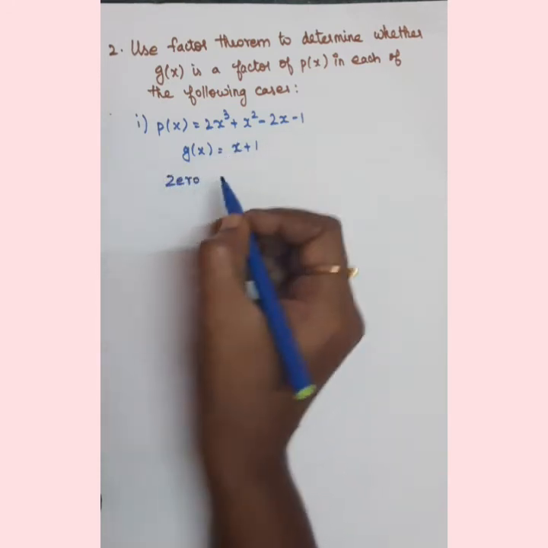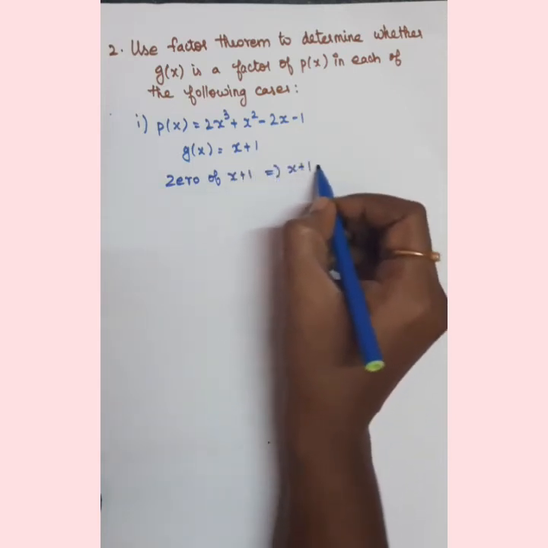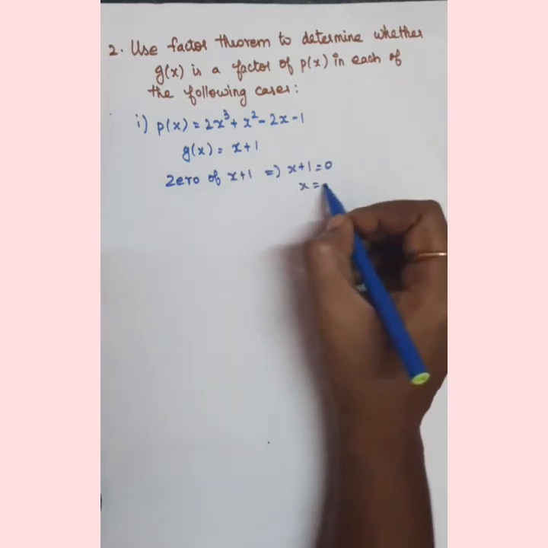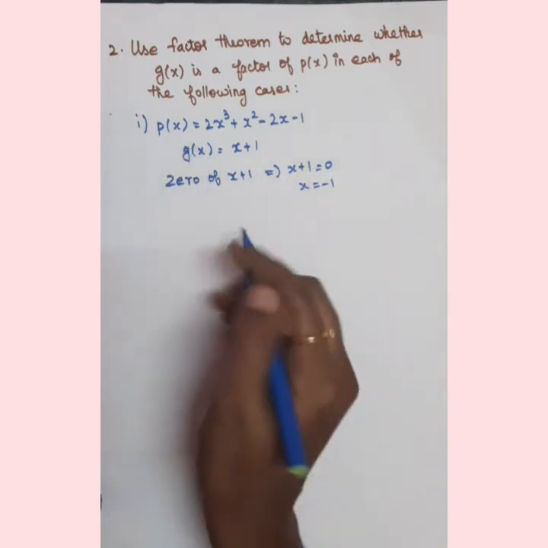So 0 of x plus 1, that is x plus 1 equals 0, x is equal to minus 1. Now we are going to substitute x equals minus 1 in p of x.